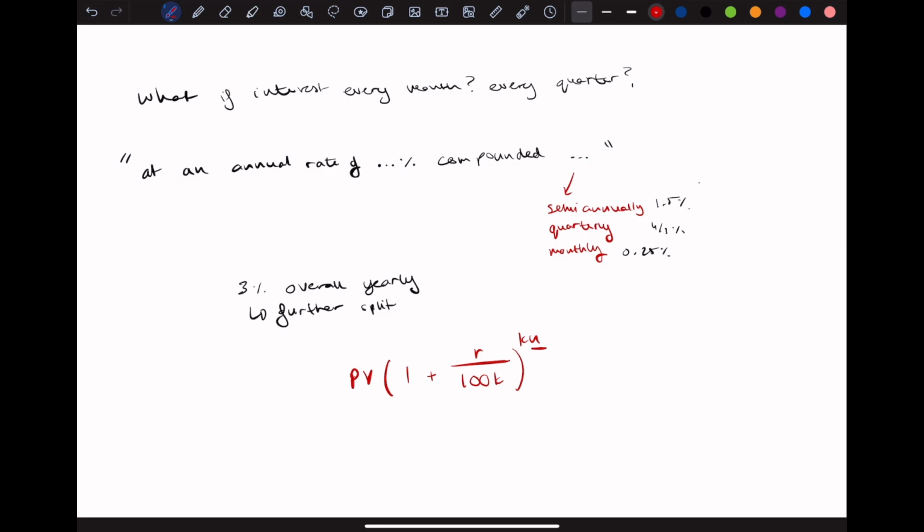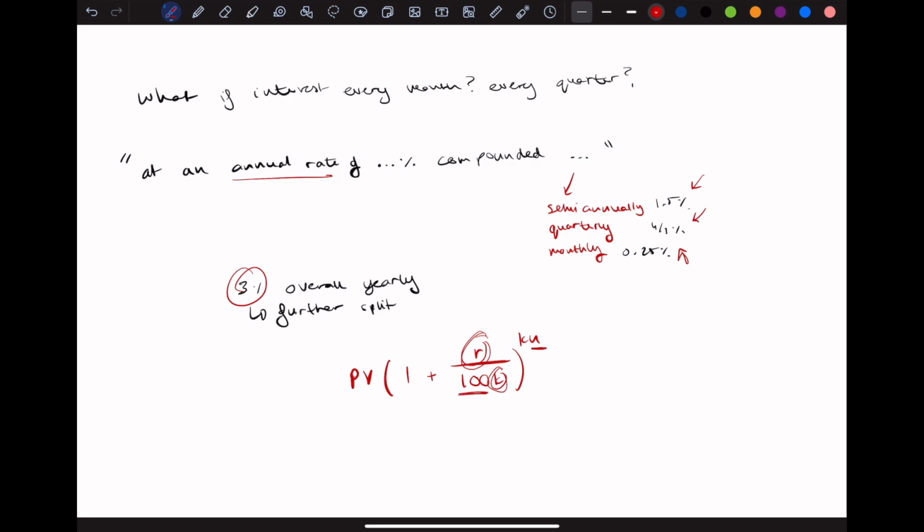So overall, if we see this procedure that I have followed right here, we can see that if we have our rate, and we split it by the number of times that you have it per year, because remember, this rate right here is our annual rate, so this is these rates added together by the end of the year. So we divide it by the number of times that we do receive interest on our money, and then we further divide it by 100 to get that as a percent.